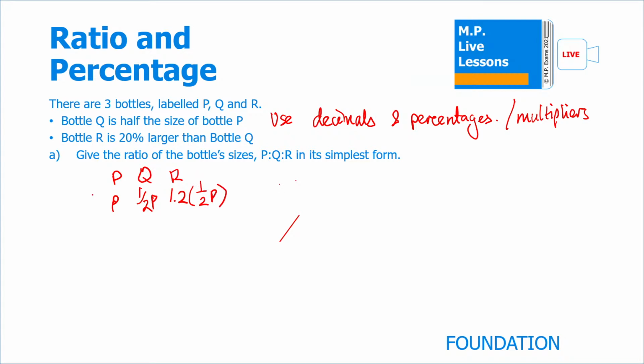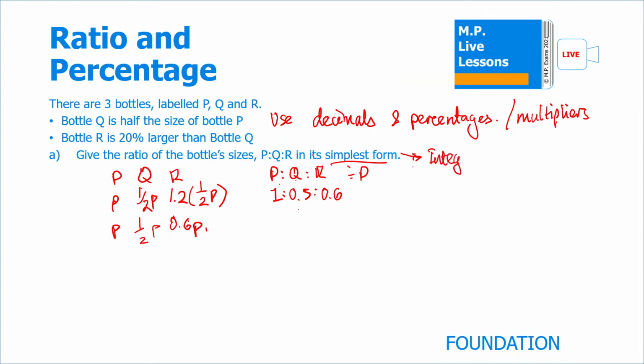So in the end, in terms of P, bottle P has a capacity of P, Q has a capacity of half of that, and R has a capacity of 0.6 P. So if we divide everything by P, in the end we get 1 to 0.5 to 0.6, but the simplest form means integers, or just whole numbers.